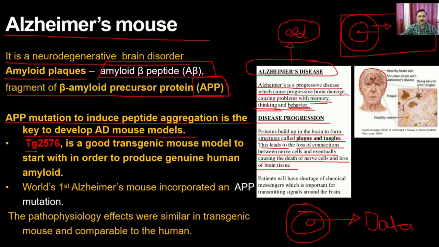TG2576 is one of the classical Alzheimer models which has been developed in order to produce genuine human amyloid.